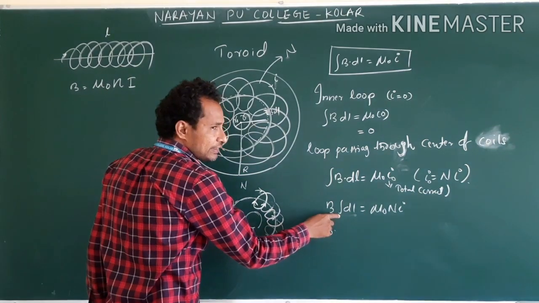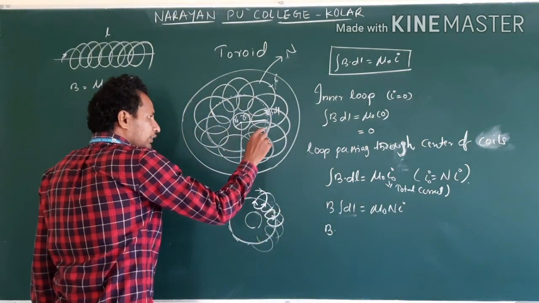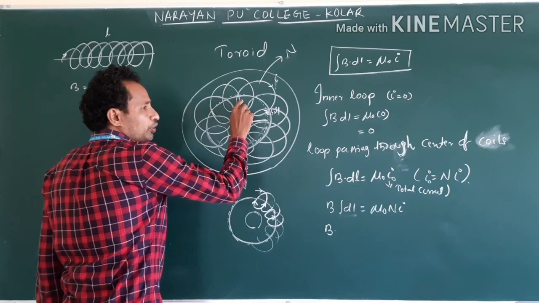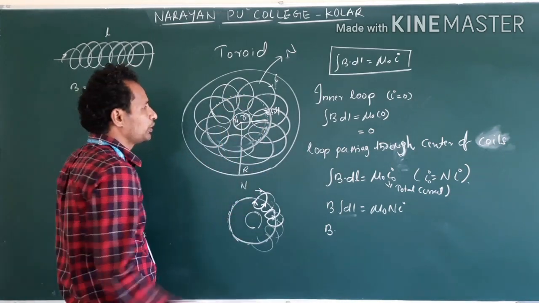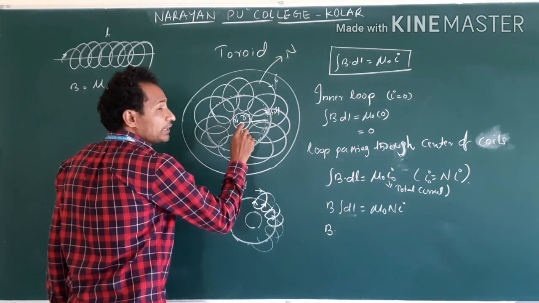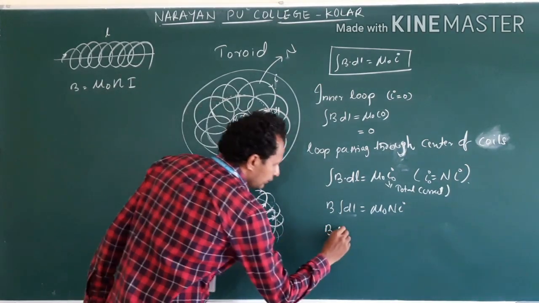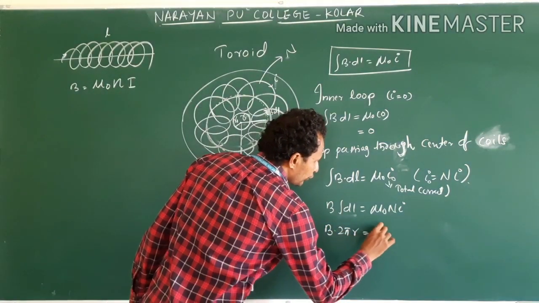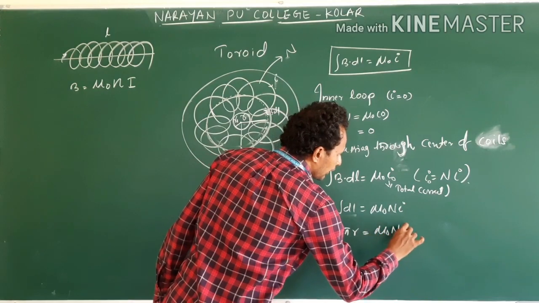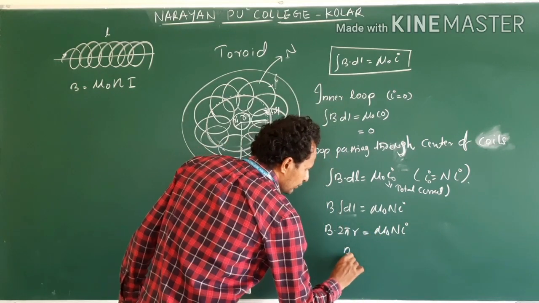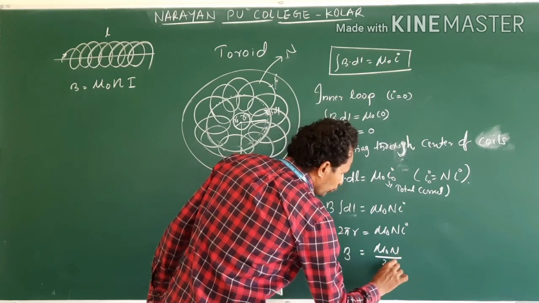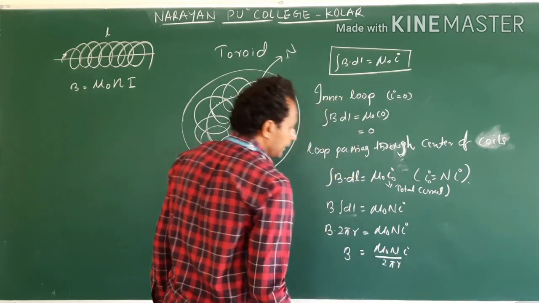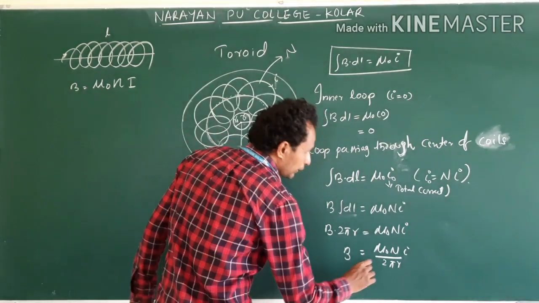If we integrate this dl, what do we get? The total length of this loop, which is nothing but the circumference of the loop. What is the radius of this loop? It is r. Then B into 2 pi r is equal to mu naught N I. Then B is equal to mu naught N I by 2 pi r. Clear? This we can write.